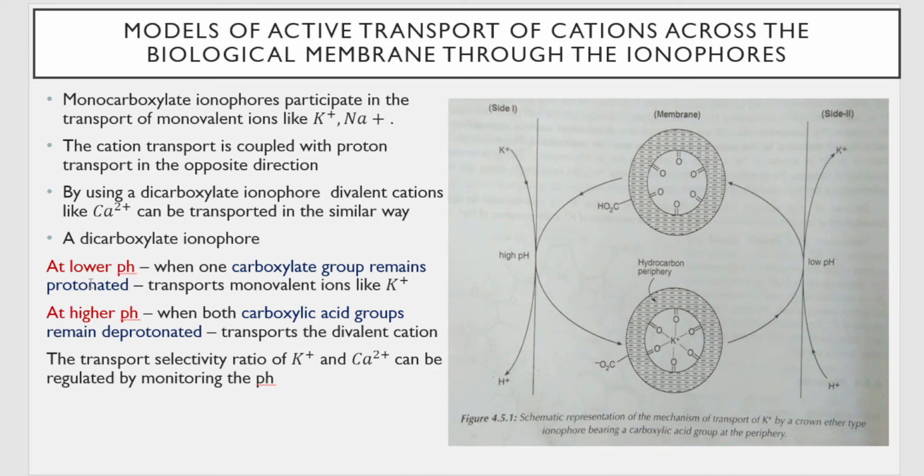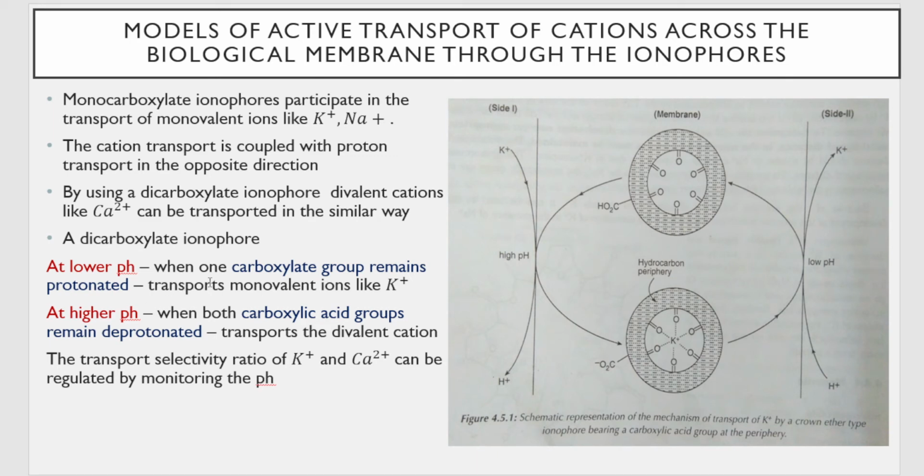So what happens to a dicarboxylate ionophore at low pH? We know that at low pH it is supposed to be protonated, and at high pH it is supposed to remain deprotonated. But in case of a dicarboxylate ionophore, at low pH, only one carboxylic acid group remains protonated. Group number 1 might remain protonated. What happens to group number 2? It will remain deprotonated.